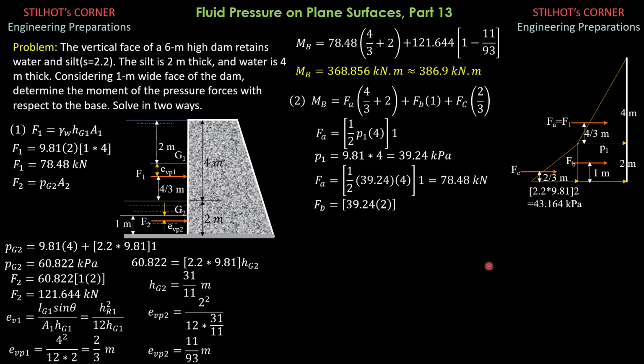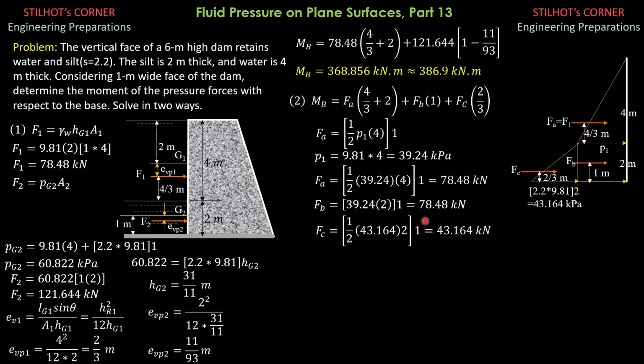So FB is 39.24 times 2 times 1, also 78.48 kilonewtons. Finally, FC is the volume of this pressure diagram, which is the triangular area times 1. So it is 1/2 of 43.164 times 2 times 1, and it is 43.164 kilonewtons.